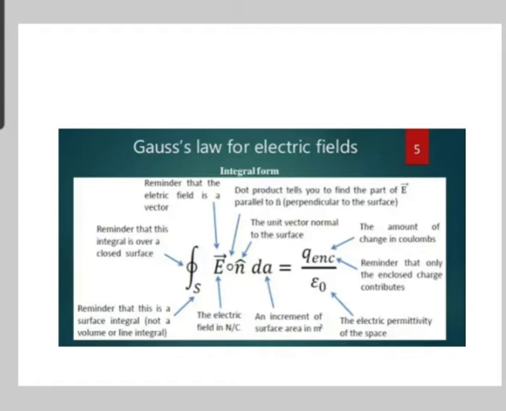Next is the dot, which represents the part of E bar perpendicular to the surface. Then n is the unit vector normal to the surface. The next, dA, is an increment of the surface area in meter square. Then Q is the amount of charge in coulomb, the enclosed charge. Epsilon 0 is the electric permittivity of the space.